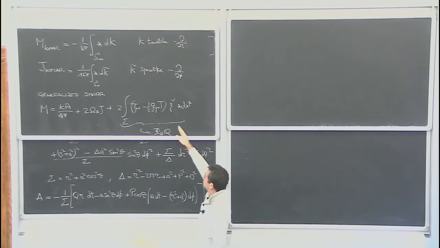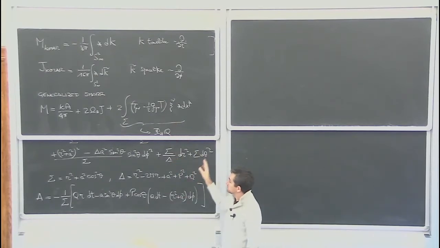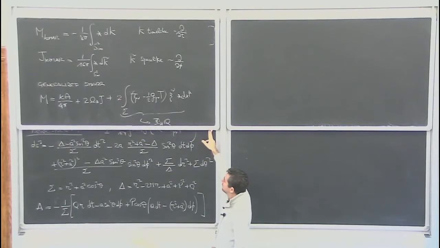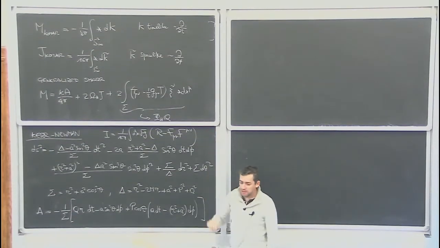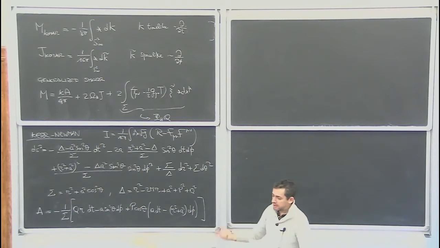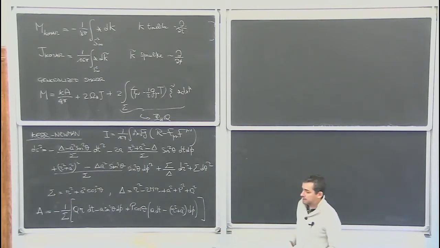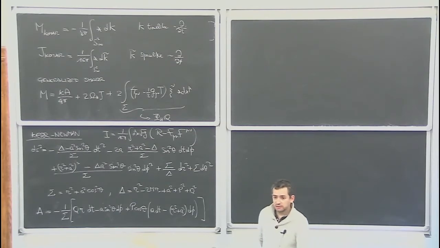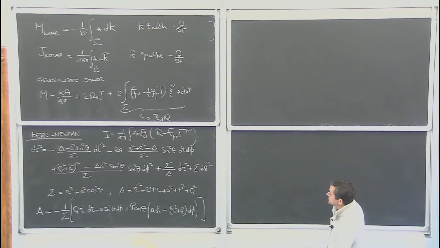Anyway, it's the Killing vector that becomes null at the horizon. And we recalled that the event horizon is most of the times, and anyway it will be true in this case, a Killing horizon, meaning that the horizon is a null hypersurface where this Killing vector becomes null.